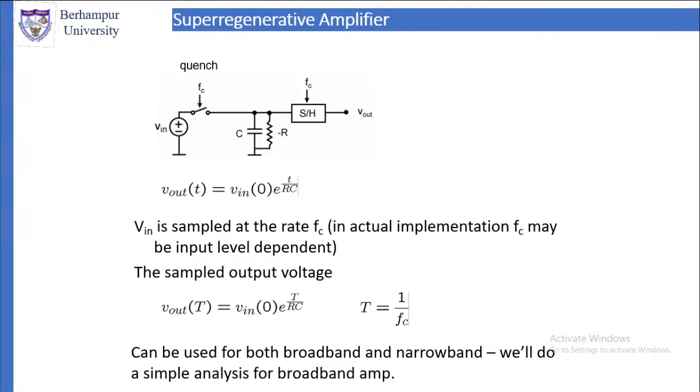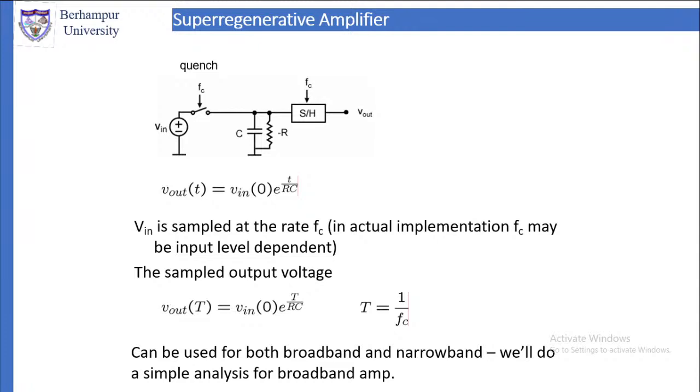Now in this, the output voltage is equal to the input voltage times exponential of t by RC. So the time dependent output voltage is Vin(0), that is, at time t equal to 0, whatever the input voltage is, times exponential of t by RC. Now Vin is sampled at the rate Fc because of the switching.